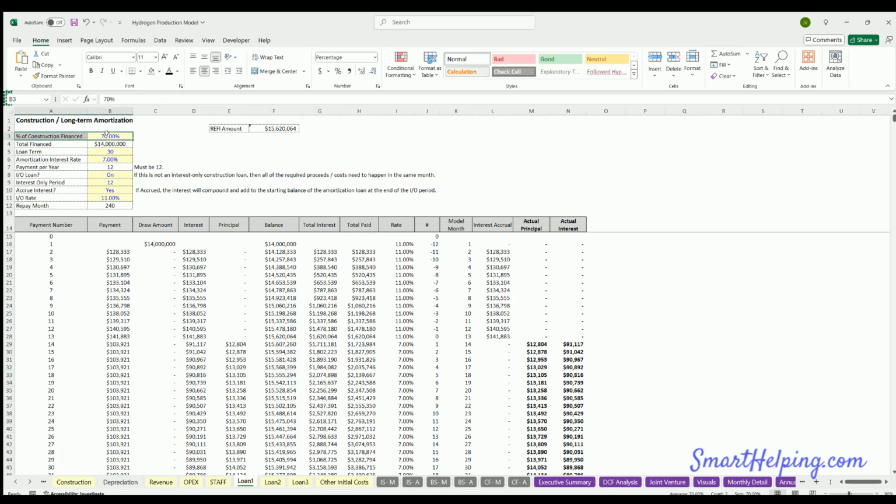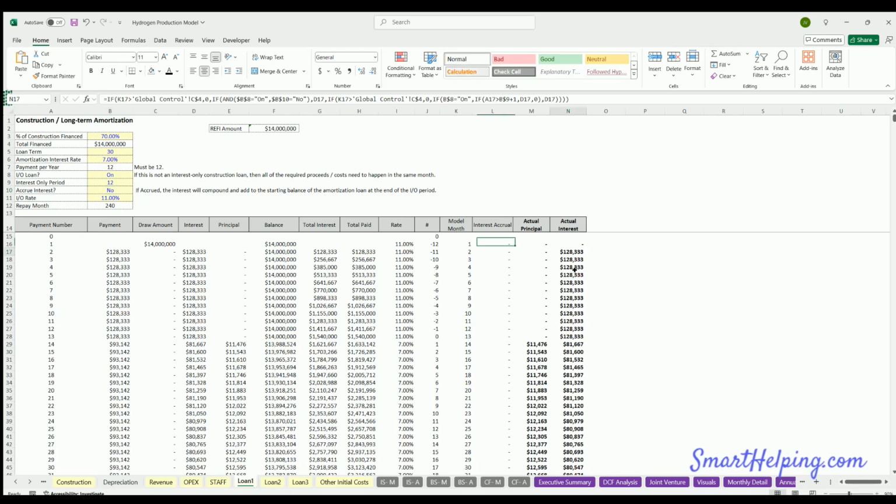How much of those construction costs are being financed with this loan, the loan term when it switches to P&I, the rate on that, and then you have here if you want to do IO loan on or off, and then interest only period. You could also pick to accrue interest or not. If yes, you can see here there's actually no payments being made. This is just accruing to the balance, and then when you switch over, you'll do a P&I loan based on whatever balance there is. If you don't accrue interest, then you're going to have an interest expense here.